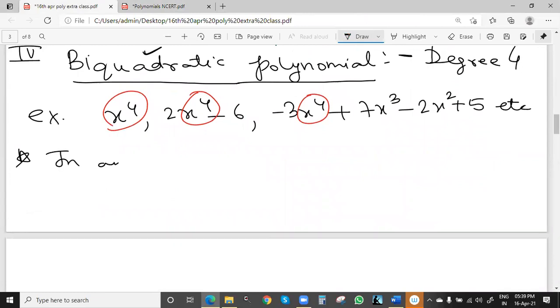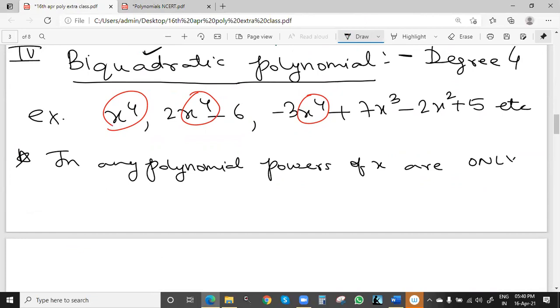In any polynomial, the powers of x, or we can say the degree of x, are only positive integers. Zero is also included; zero is actually a positive integer here, including 0.